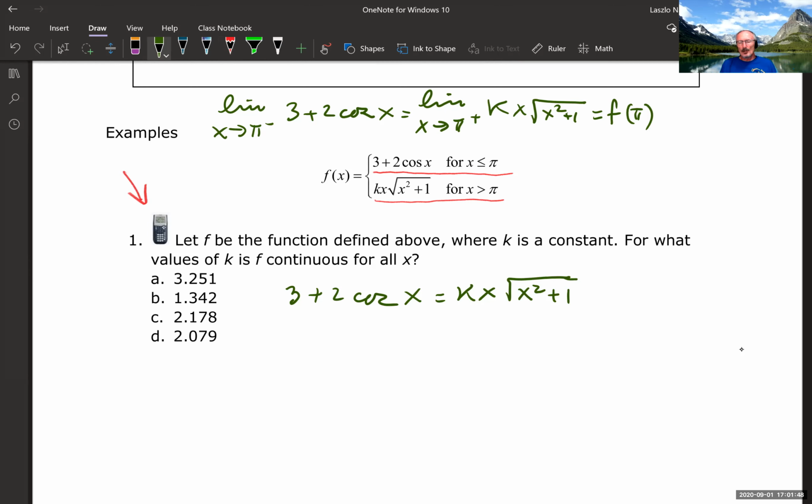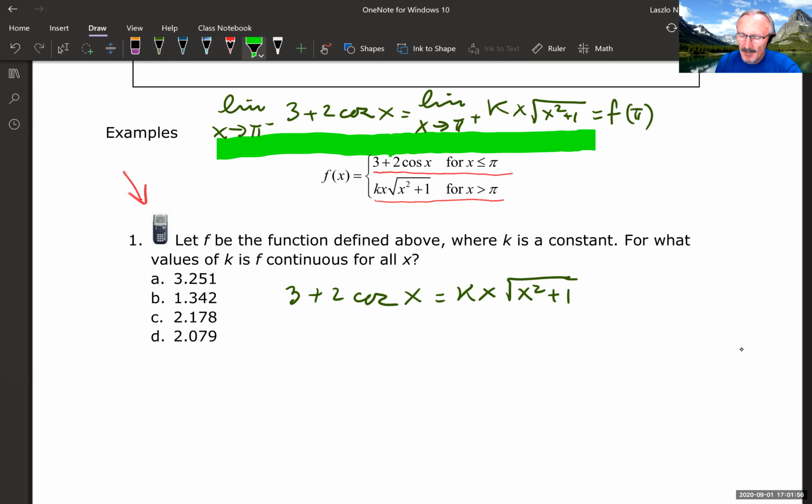And we can actually find these two limits that we've highlighted up here. I'm just underlining them. By direct substitution, since both functions are continuous, the 3 plus 2 cosine of x over the set of real numbers, as well as the k times x times the square root of x squared plus 1, direct substitution will allow us to solve for this.